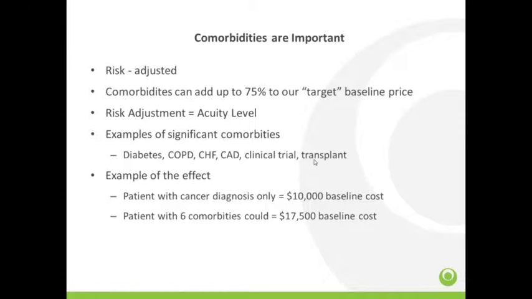If they have all 6 of these comorbidities, that could increase the baseline target price to $17,500. So all of a sudden, instead of having to beat the $10,000, we need to now beat $17,500. So please do collect significant comorbidities.